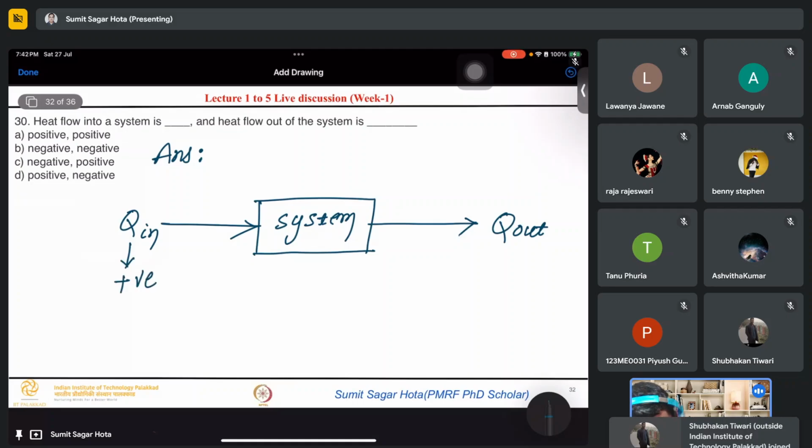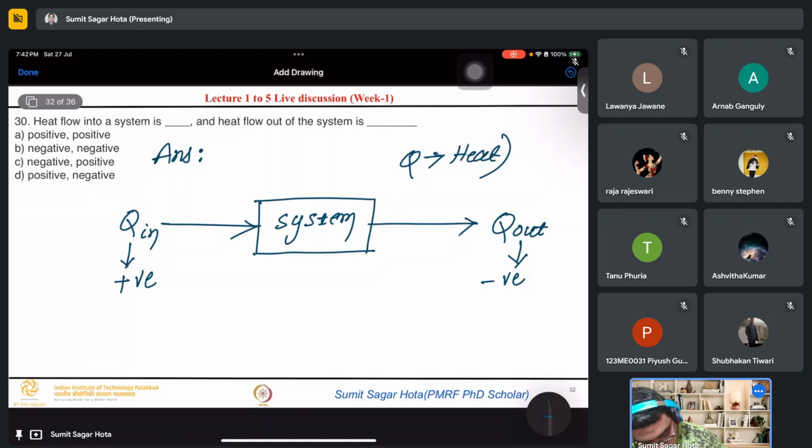Heat into the system is always positive, heat out of the system always what? Negative. So where Q is equal to what? Heat. So the answer is D.